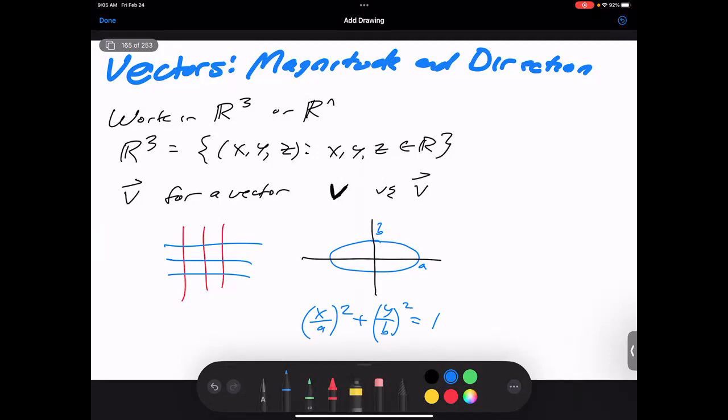Well, what if, instead of giving you an ellipse like this, I give you an ellipse like this? Now it's a little bit harder. How many of you remember how to write down the equation of an ellipse like this? It's often not done in high school.